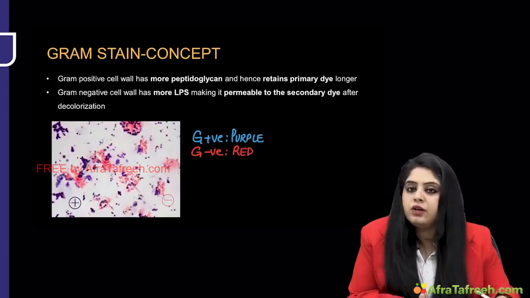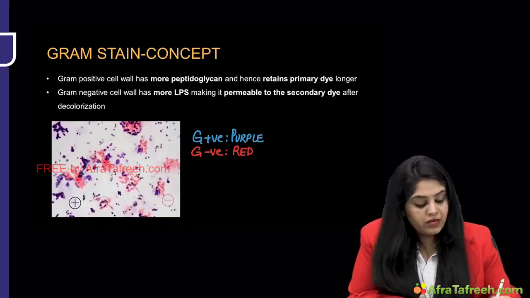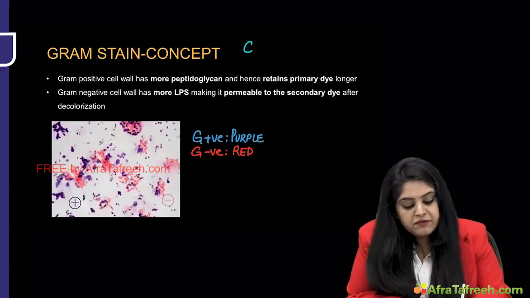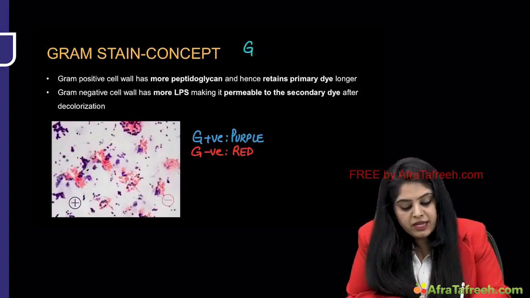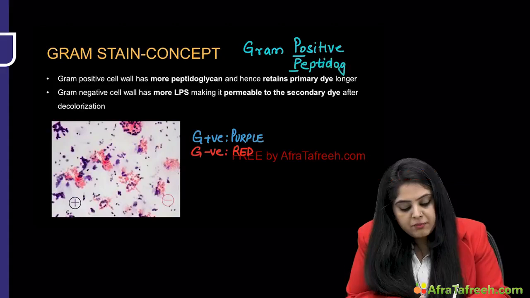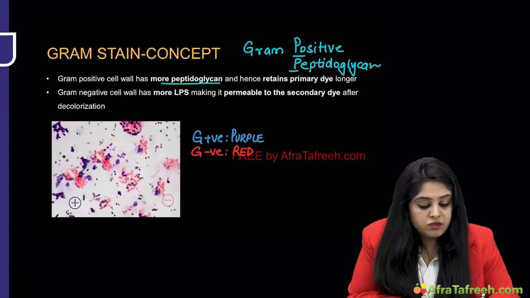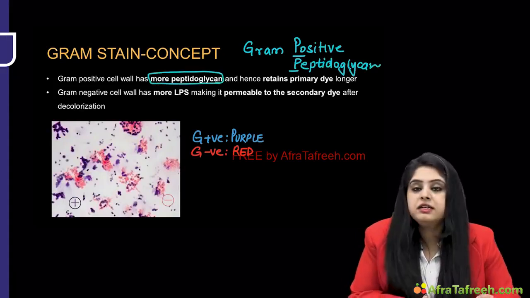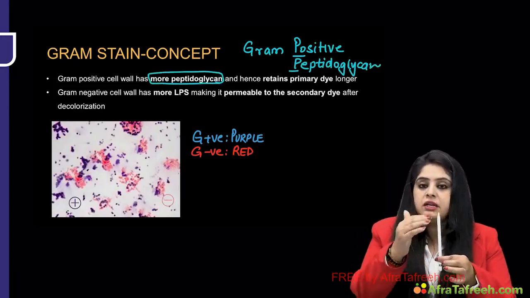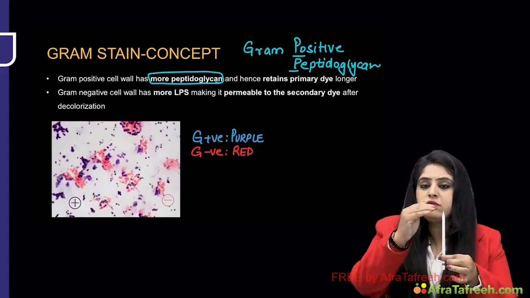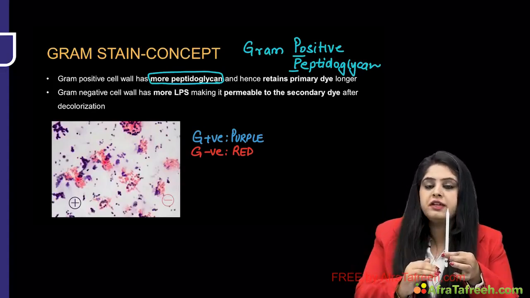Right now you might not have studied these organisms, but let me tell you, P for positive: gram positive organisms contain a lot of P for peptidoglycan. They have multiple layers of peptidoglycan. So once the purple color goes inside, it stays inside. Then you can't get it out.